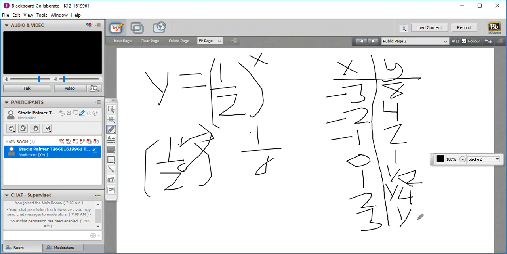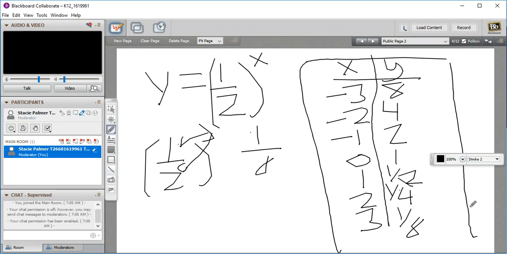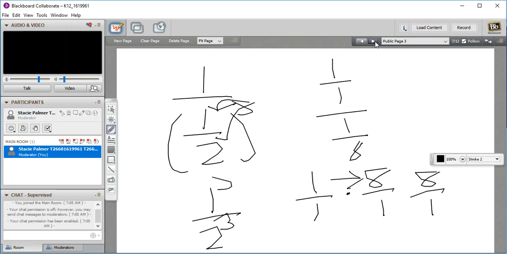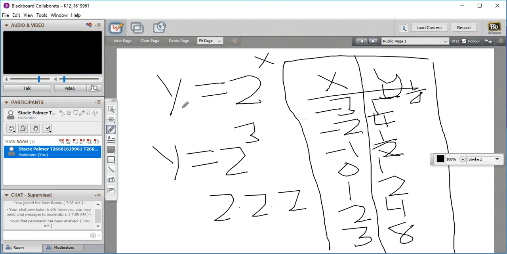This becomes 1/8. Okay, so now we have a table of values for y equals 1/2 raised to the x. We have another table of values for y equals 2 to the x. So we're going to graph both of these on the same coordinate plane.